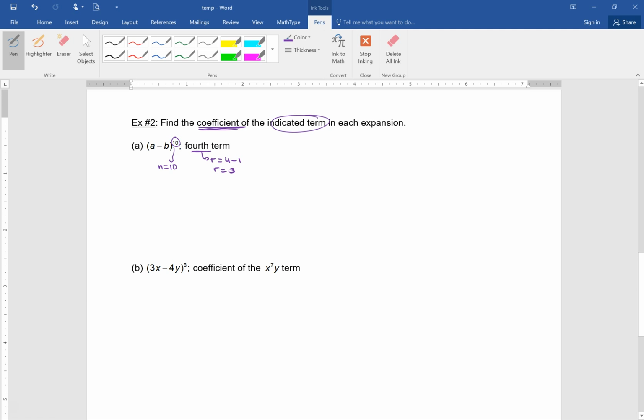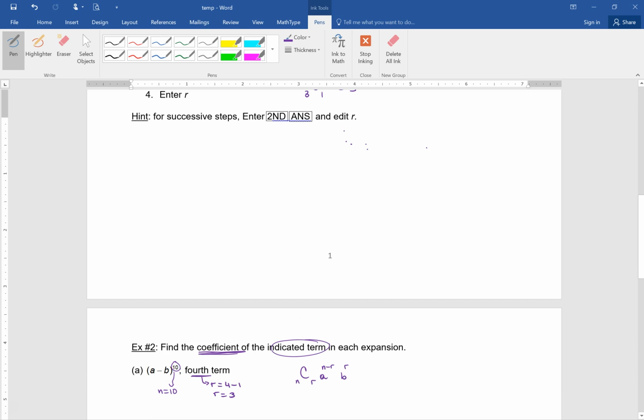Now, the way the form looks is this. It's C, N, R. And how do the variables look always? You have a to the something and b to the something, right? Well, the way it is, it's n minus r for the a and b to the r. Okay?